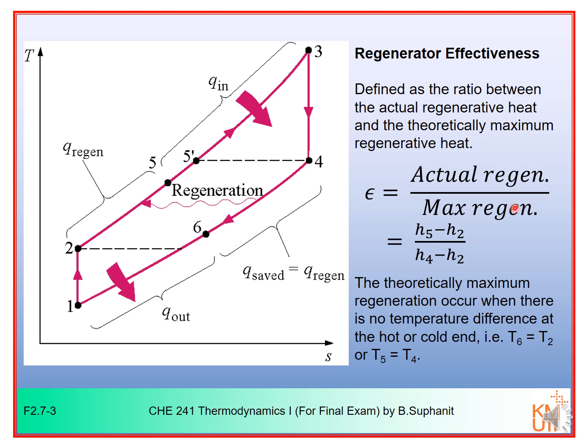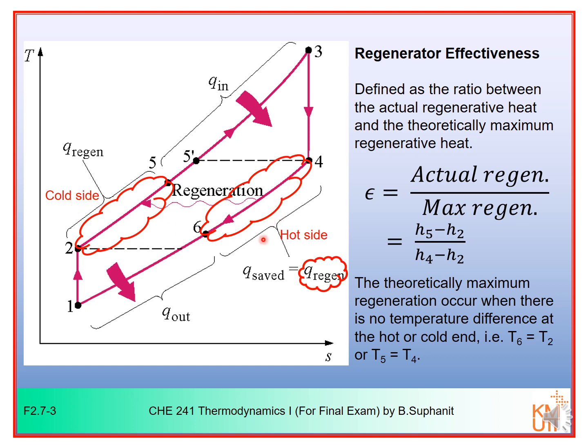The actual amount of regenerative heat is the actual amount of heat transfer between the exhaust gas and the compressed air. So, it can be calculated from either hot side or cold side.